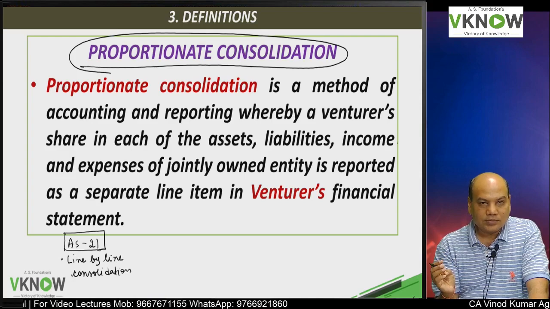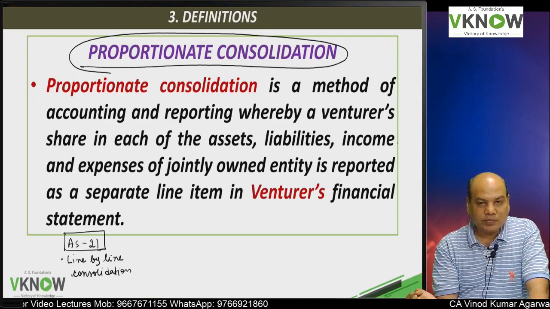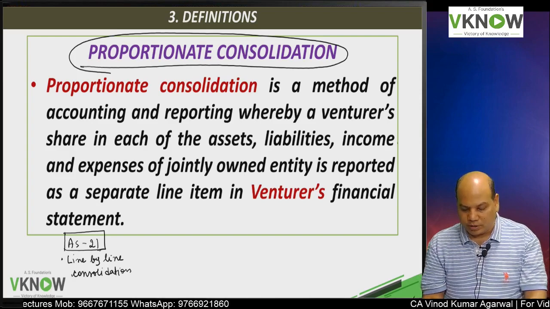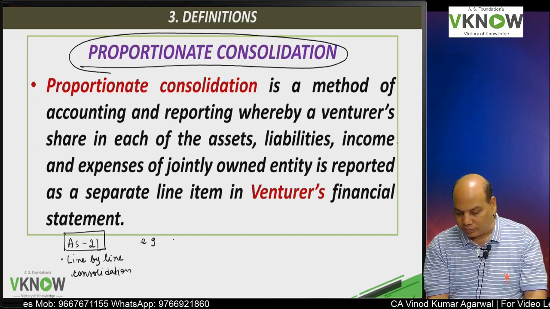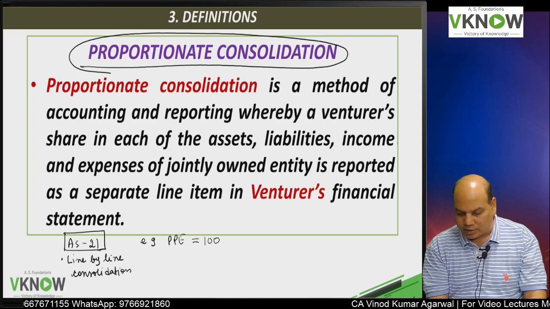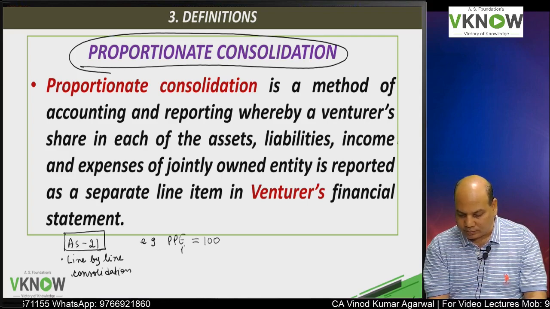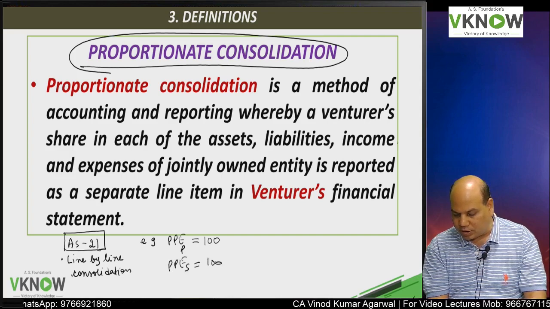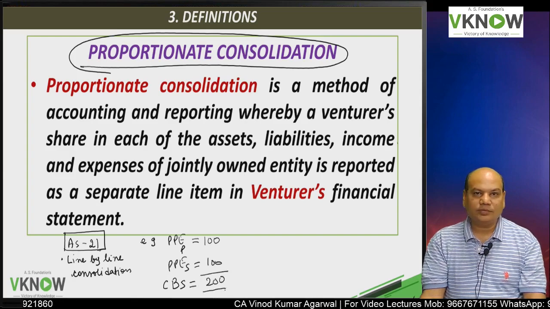The assets of the subsidiary are added to the assets of the parent. For example, PPE of the parent company is 100, PPE of the subsidiary is 100. In the consolidated balance sheet, PPE will be 200.